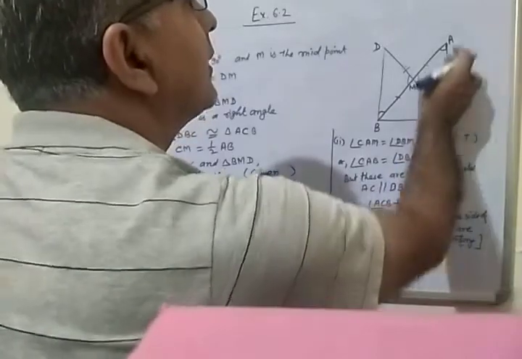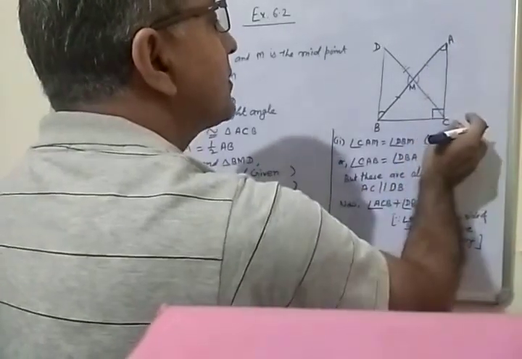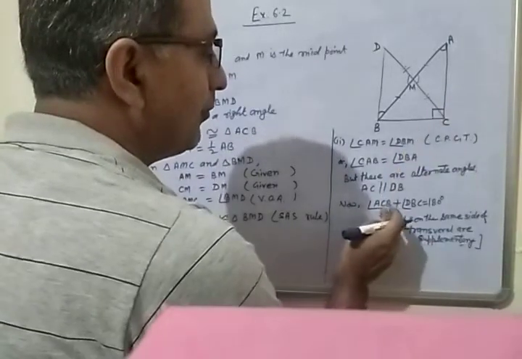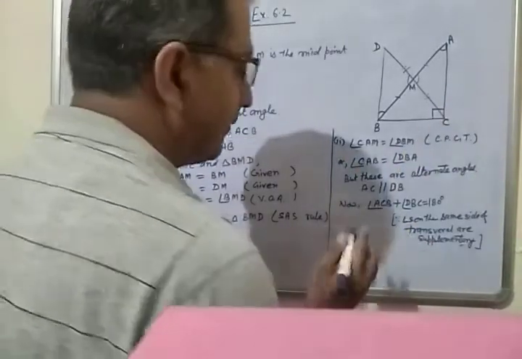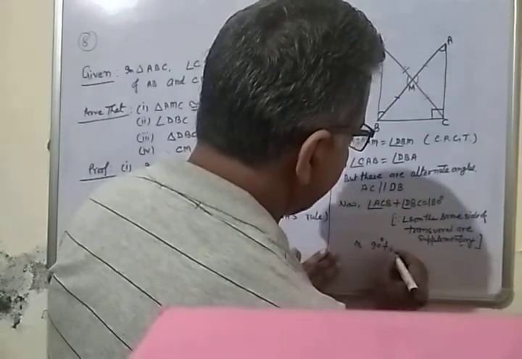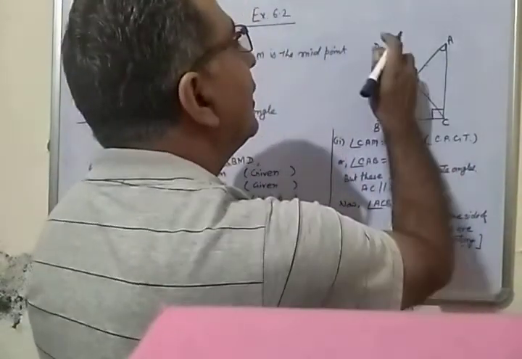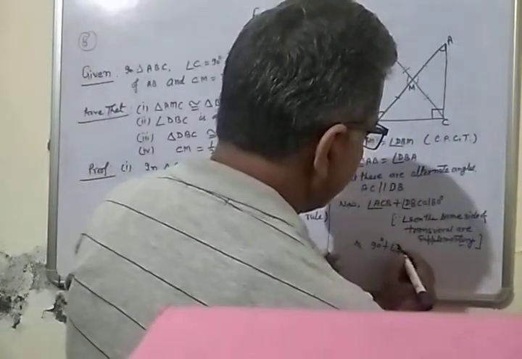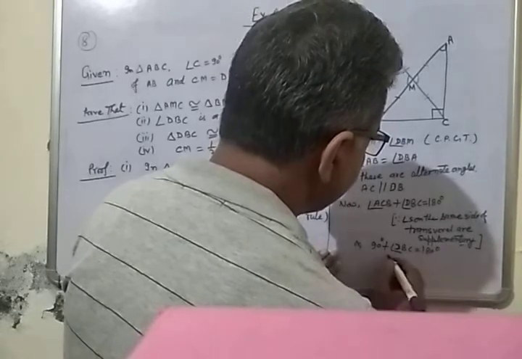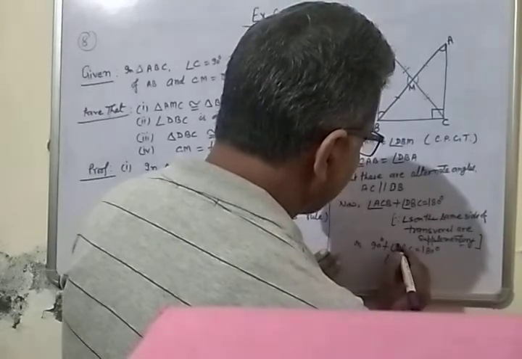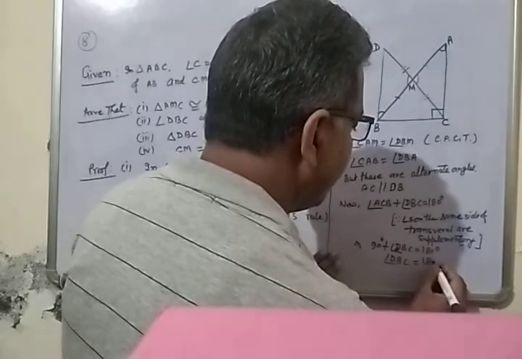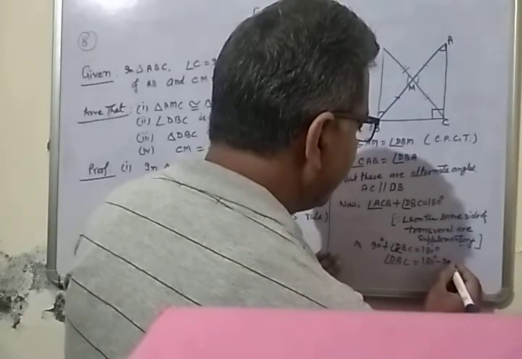But we have given the angle ACB equals 90 degrees, or right angle. Then you can put here 90 degrees plus angle DBC equals 180 degrees, or angle DBC equals 180 degrees minus 90 degrees.